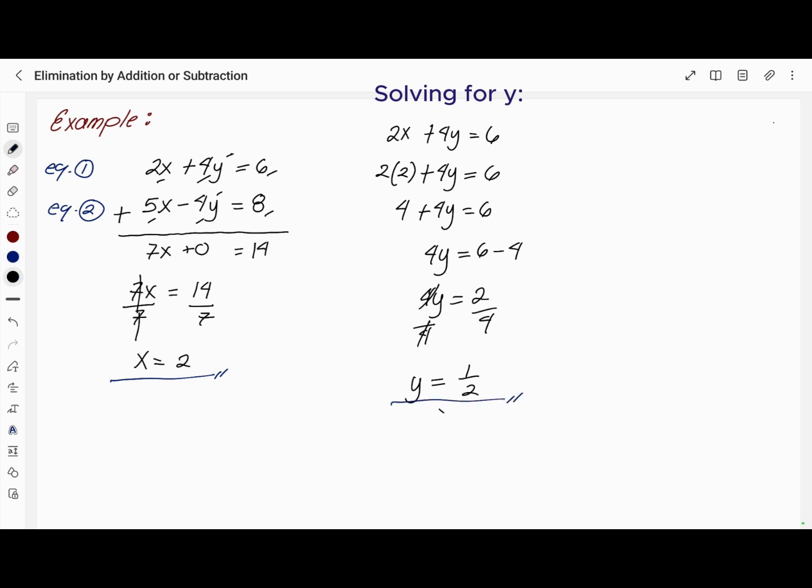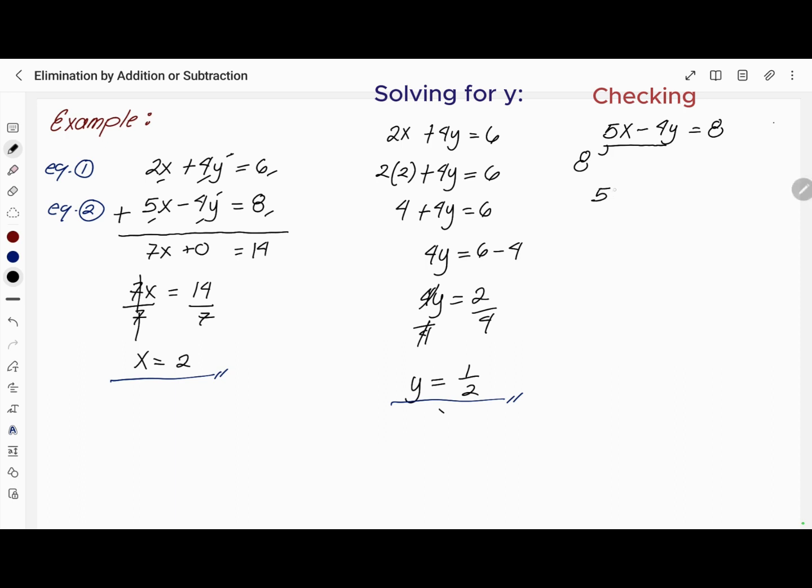If you want to check your answer, choose again an equation. This time, I will choose equation 2. So we have 5x minus 4y equals 8. Basically, the equation tells us that 5x minus 4y should be equivalent to 8. To do that, just substitute the values of x and y.